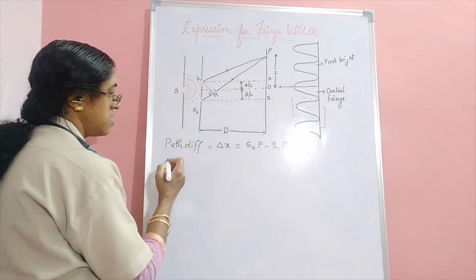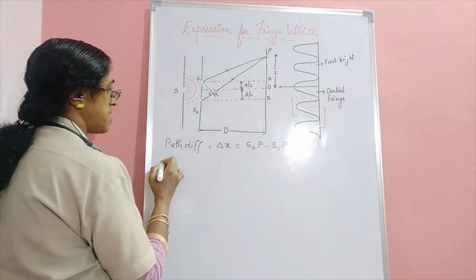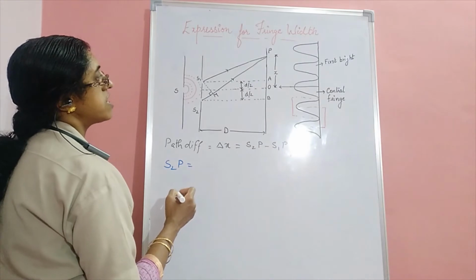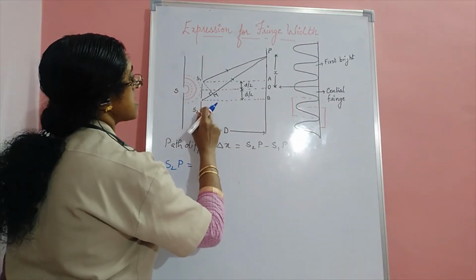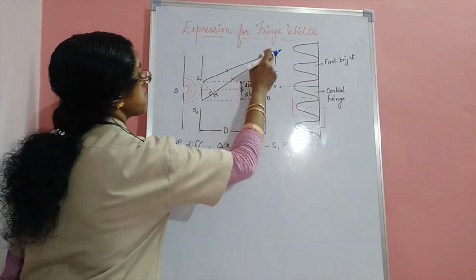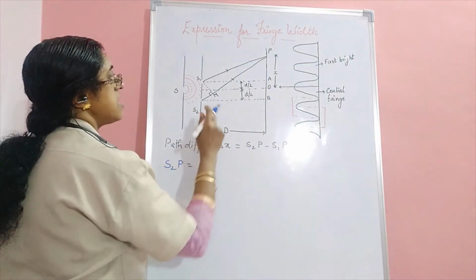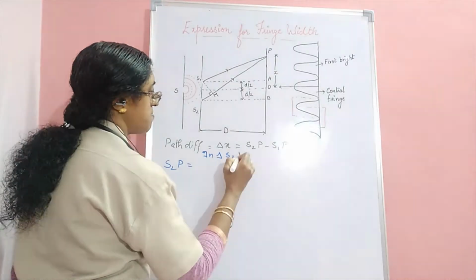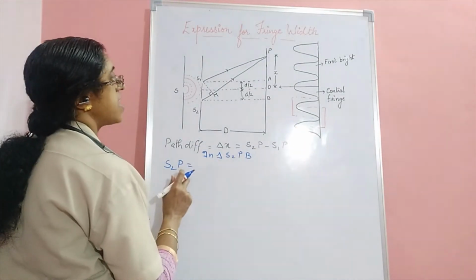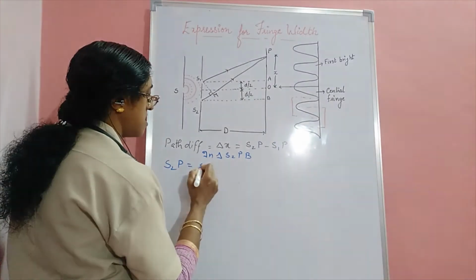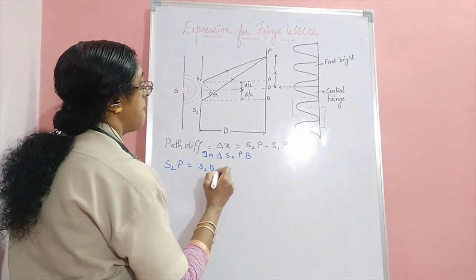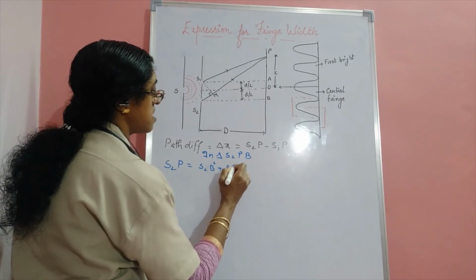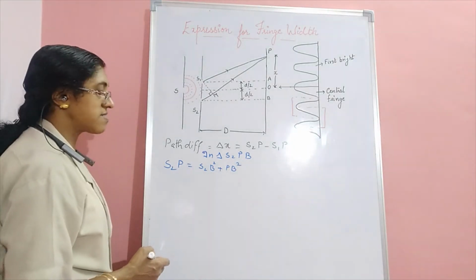To find S2P, I'll take a right angle triangle S2PB. In triangle S2PB, I can find S2P square as S2B square plus PB square, by Pythagoras theorem.